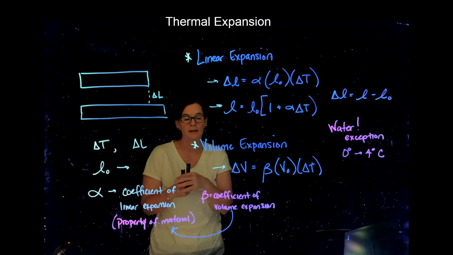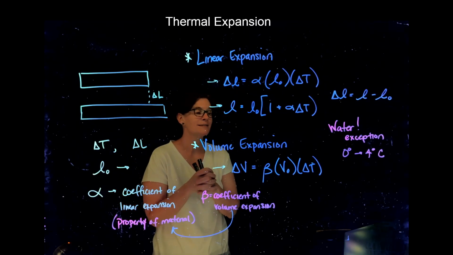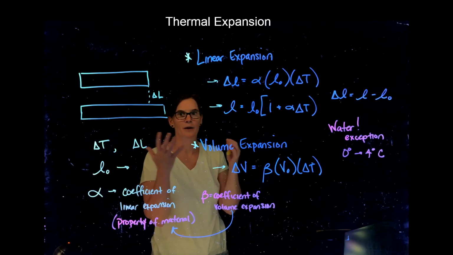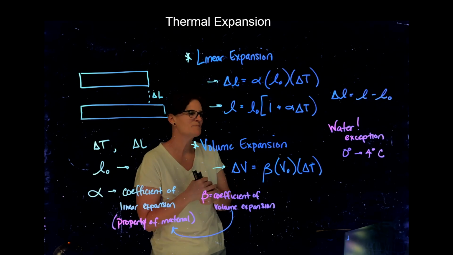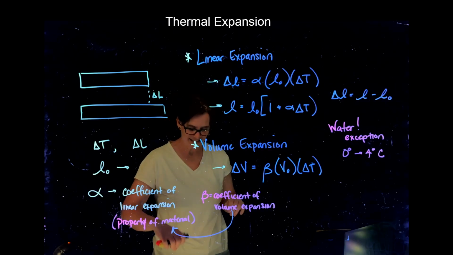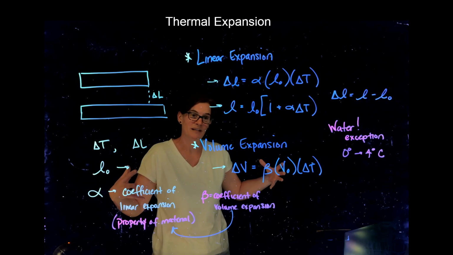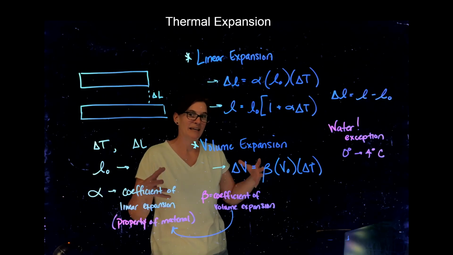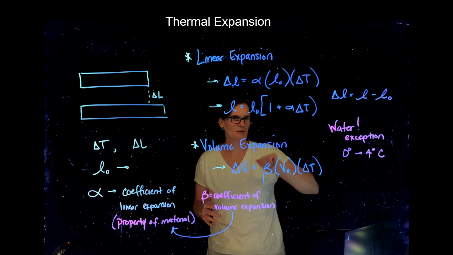It's a unique property of water. It's really useful and functional for us, and you can go ahead and read on how that's super important for aquatic life and how it causes ponds to freeze top down instead of bottom up. But water is that exception, and furthermore, as water converts to ice, it also expands. So as it cools even more and freezes, we get an expansion. So water's an exception to the rule.